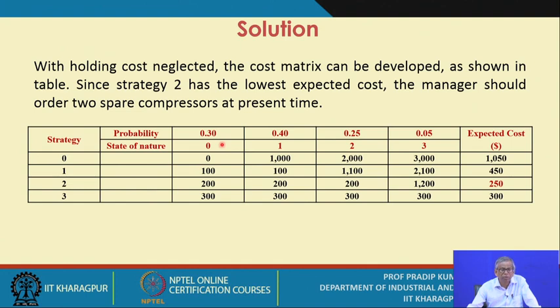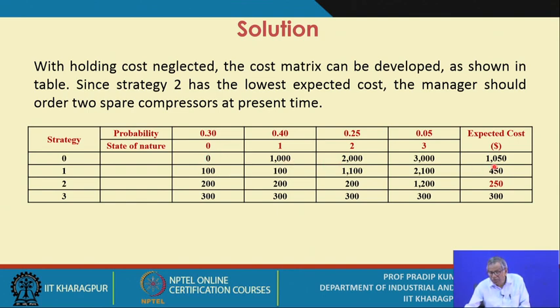So irrespective of the number of failures from 0 to 3, the cost will remain the same, that is 3000 for each. So, this is the total cost matrix we have developed.